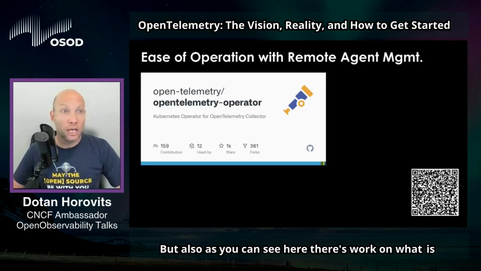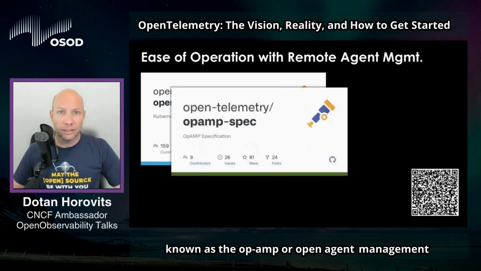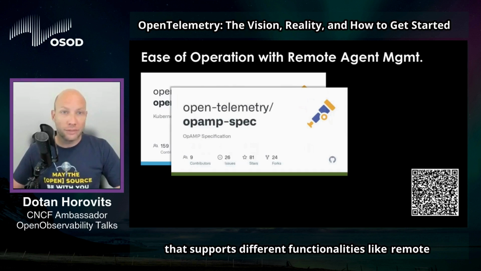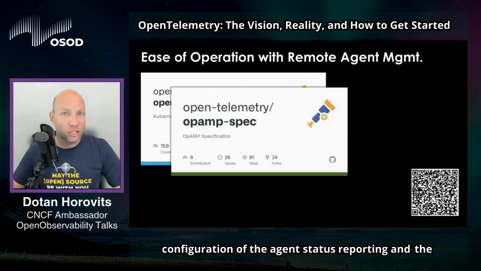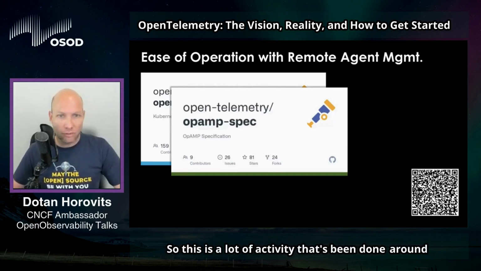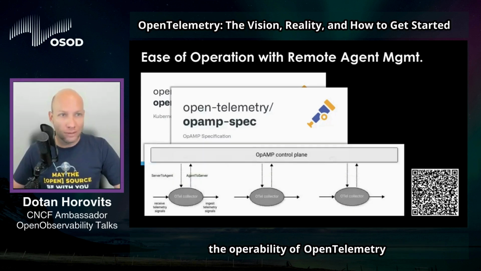But also, as you can see here, there's work on what is known as OpAMP, the Open Agent Management Protocol, that supports functionalities like remote configuration of the agent, status reporting, and the agent's own telemetry reporting over OTLP and so on. So this is a lot of activity around the operability of OpenTelemetry. You can see the implementation here.